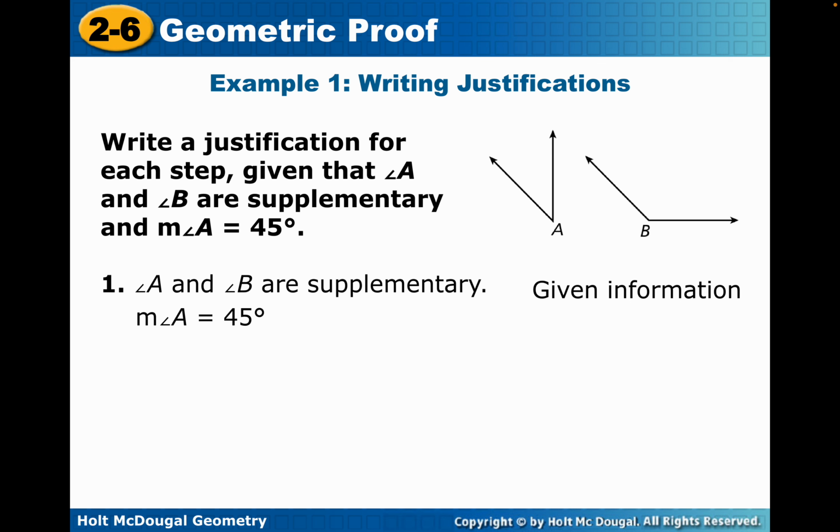So our next step is going to say angle A plus angle B, so the measure of those angles, equals 180 degrees. We know that because that's just the definition of supplementary angles. We're just explaining that definition, so I'm going to put that as my second step.